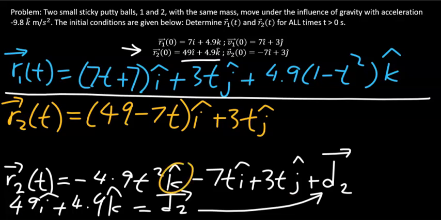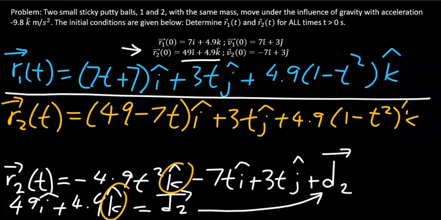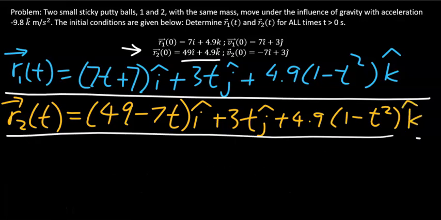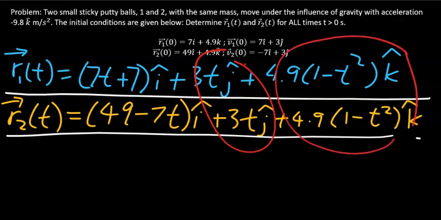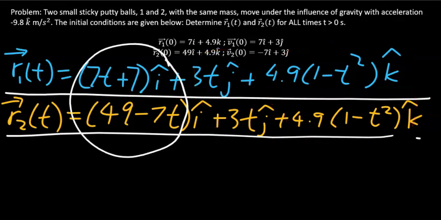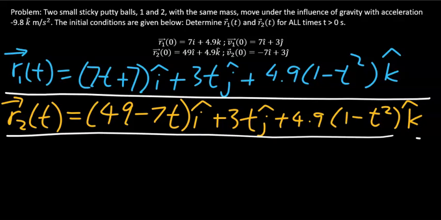And there are two k terms, so plus 4.9 (1 minus t squared) k hat. We note that the y components and the z components of the position vectors for these two balls are the same. The x components are generally different. Let's see if they can be made to be equal.